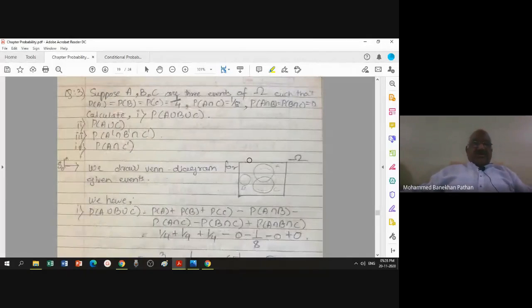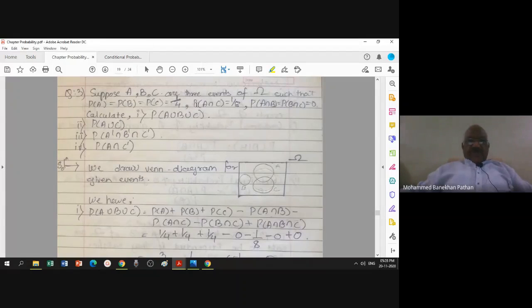Suppose we have three events A, B, and C defined on sample space omega, such that P(A) equals P(B) equals P(C) equals 1 by 4.